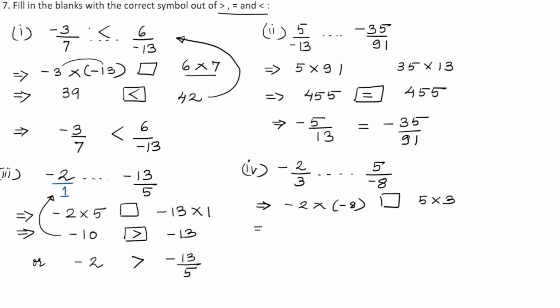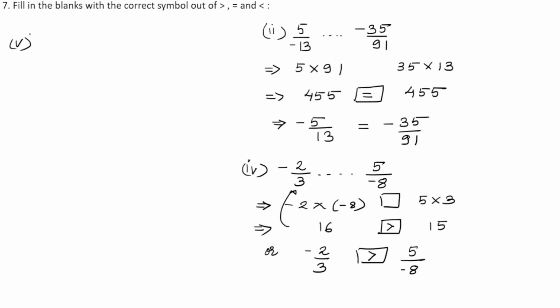Now on doing this, you get here 16 and here you get number 15, right? So obviously on comparing, you get 16 as greater number, which suggests that its corresponding rational number is greater than the other given rational number. So this is greater than 5 by minus 8.